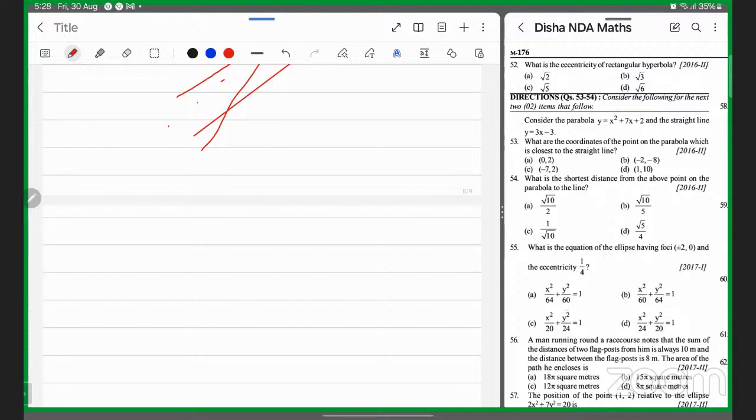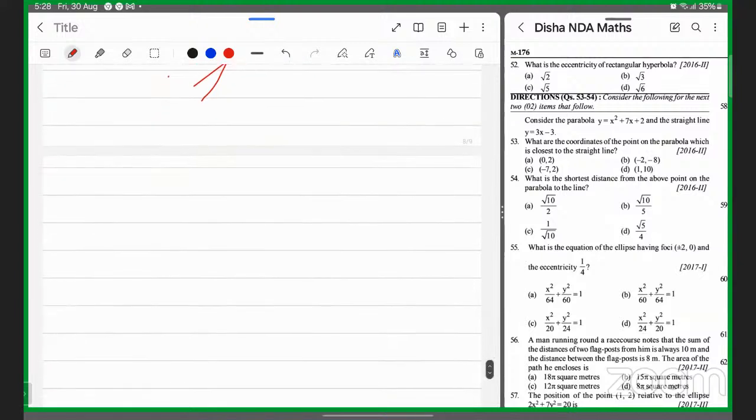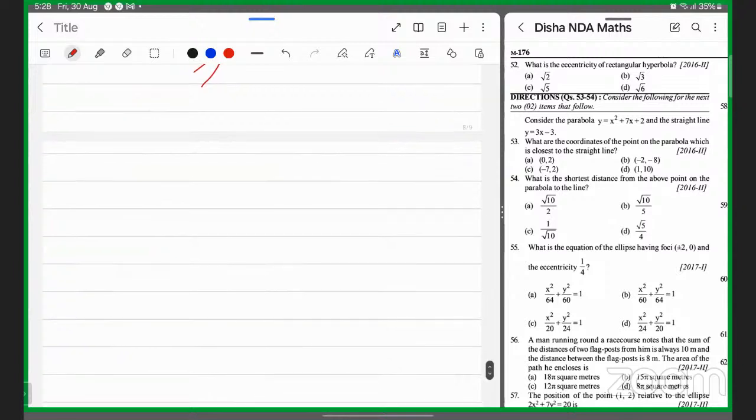Minus 14 plus 4 plus 2, 6. 14 minus 14 plus 3 minus 8 will be. So this point will also be on the parabola. So the distance from these, we will get both answers. The point which gives the lowest distance is called the nearest, right?